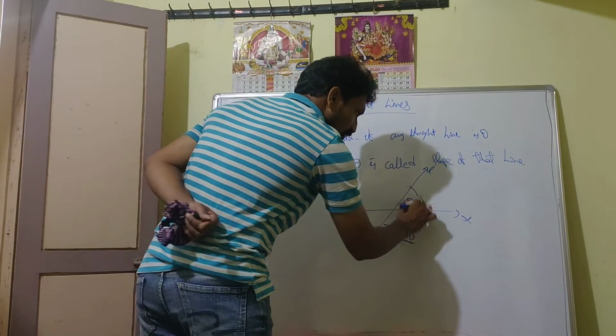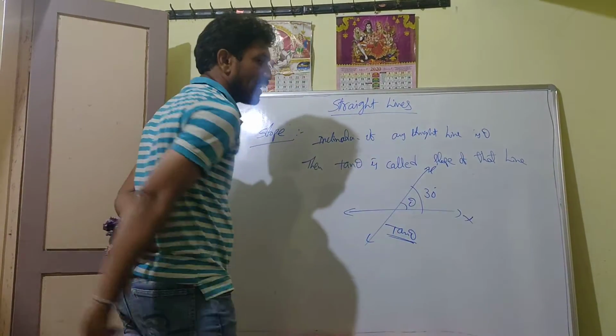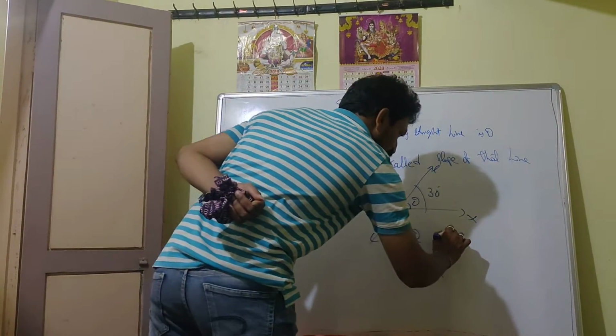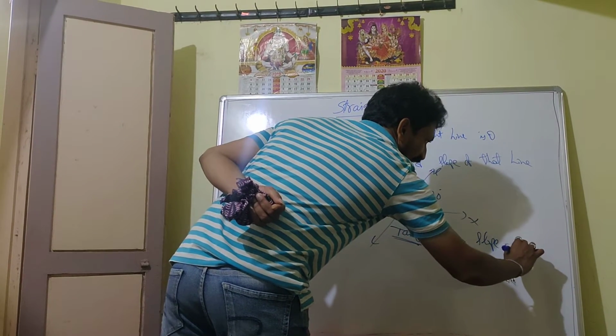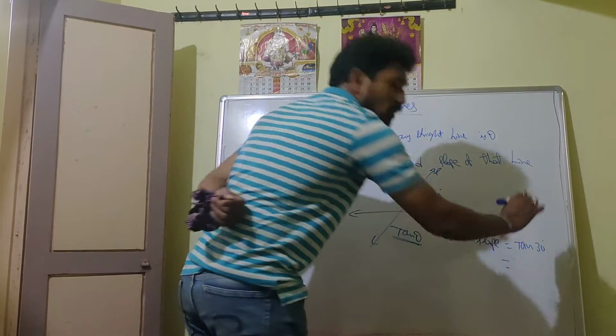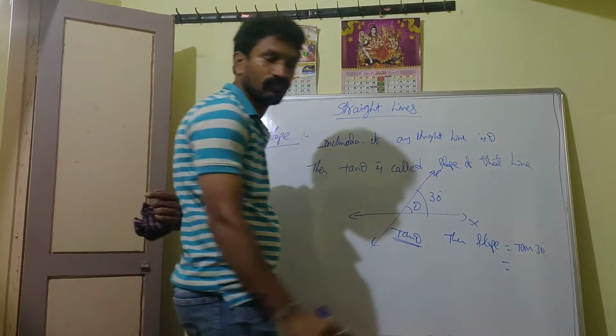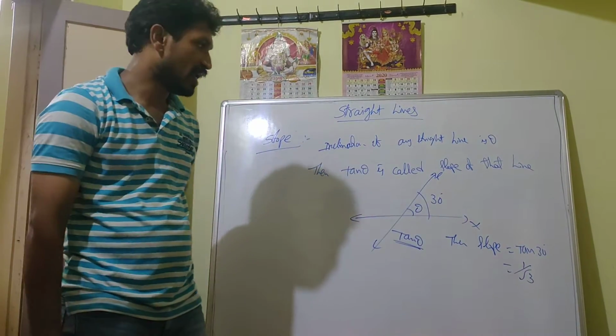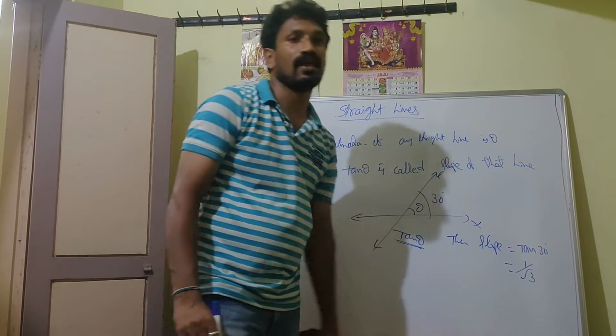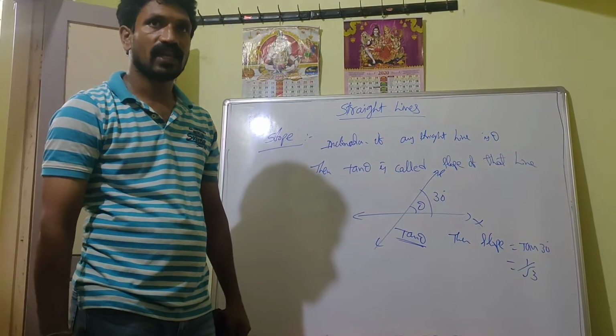Suppose the inclination of the straight line is 30 degrees, then the slope is equal to tan 30. What is the value of tan 30? 1 by root 3. See here, slope is always a real number. 1 by root 3 is a real number.